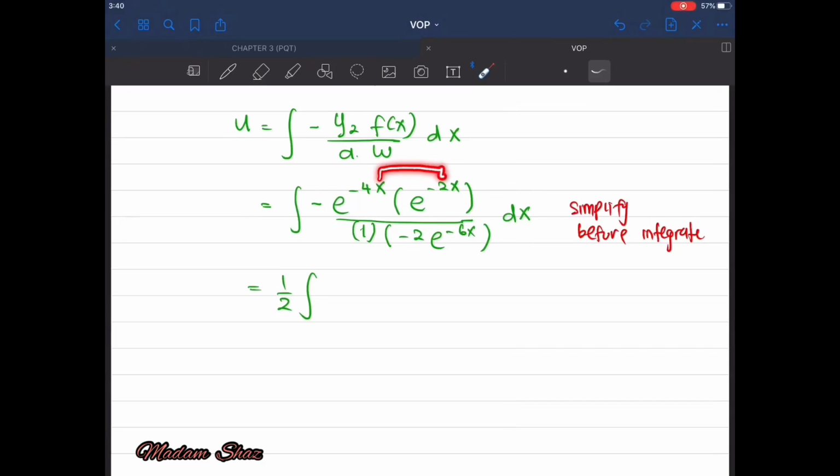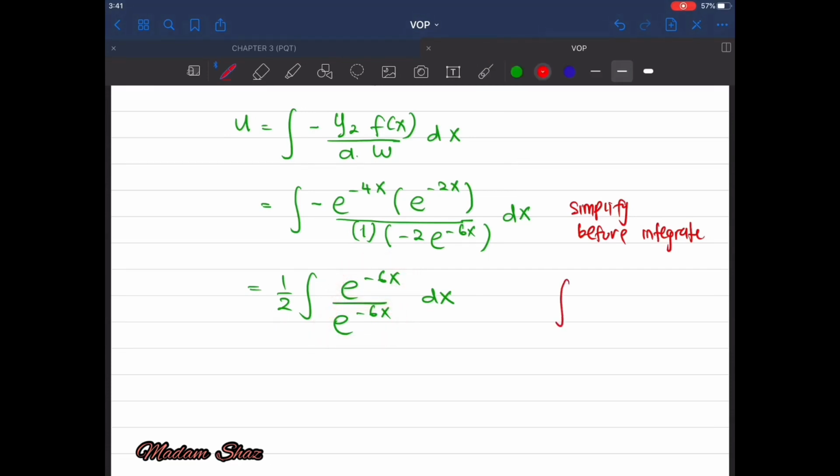Exponent negative 4x multiplied with exponent negative 2x becomes exponent negative 6x, divided by exponent negative 6x dx. So you have exponent negative 6x at the upper side and at the bottom side.